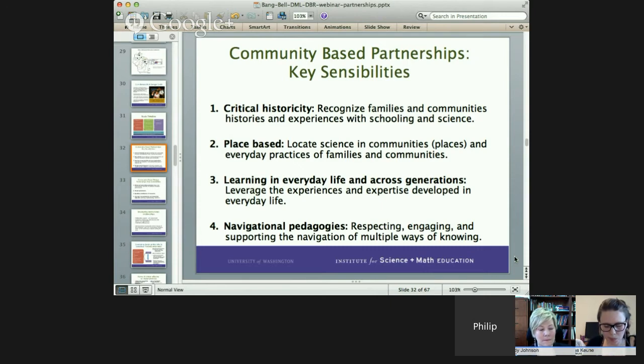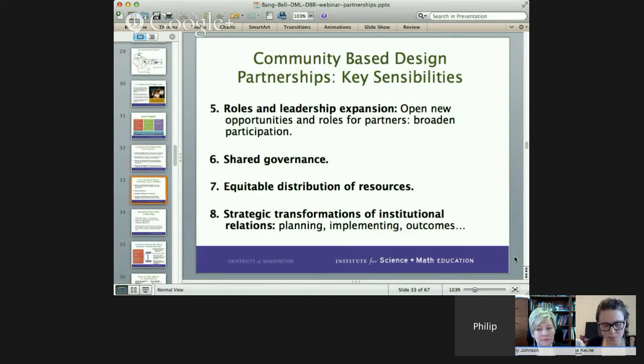This idea of navigational pedagogies is really about that epistemic heterogeneity that I was speaking about. In more of a nuts and bolts view, we've thought really deeply, more than we ever anticipated, about how the constructions of roles and leadership are conceptualized at the beginning and how they expand over time, and I'll tell you more about that.